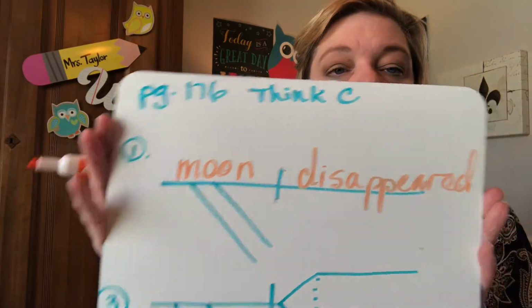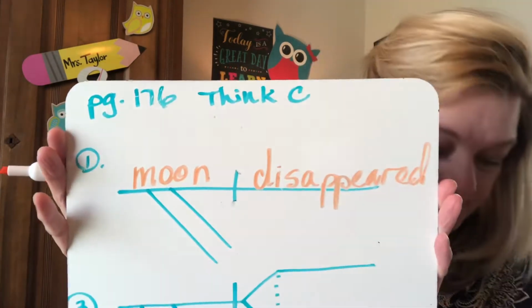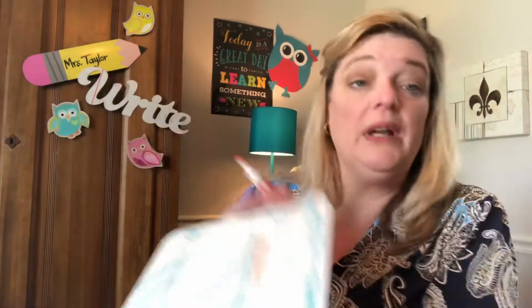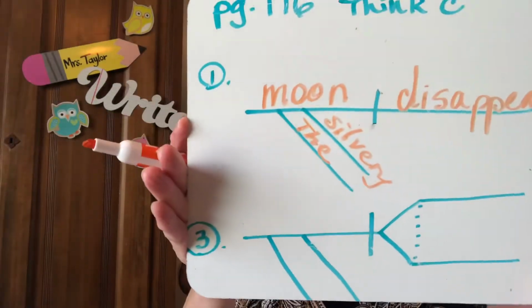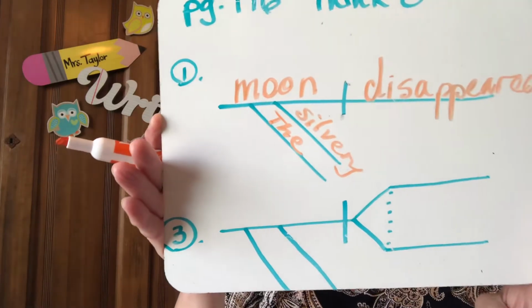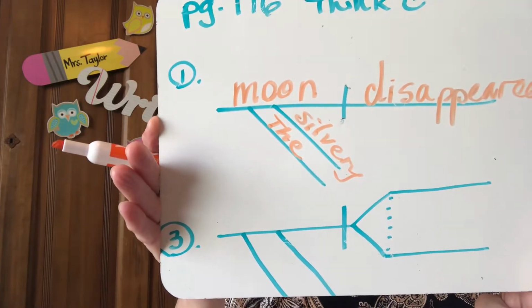That is my verb. So far, moon disappeared. What kind of moon? The and silvery. Pretty cool.